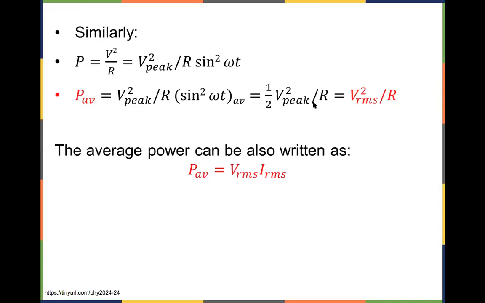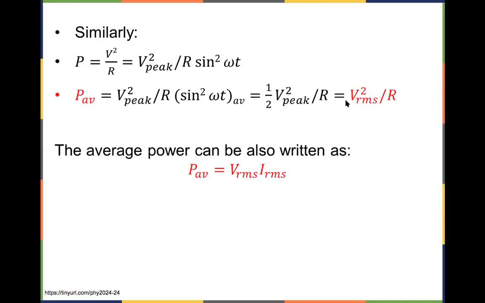It turns out to be 1/2 V peak squared divided by R, or V root mean square squared divided by R. Now for the R, you don't do the root mean square because it's constant.